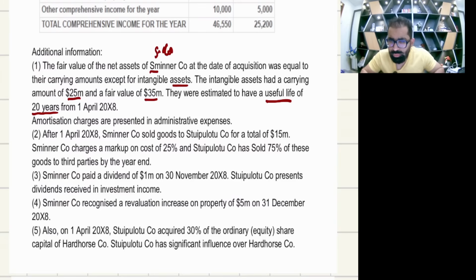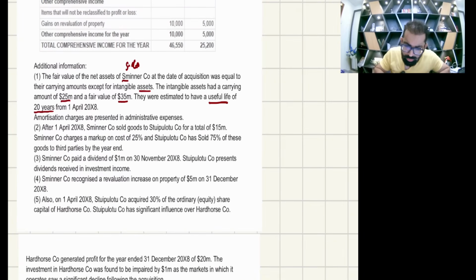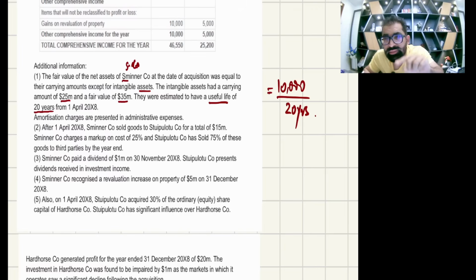Okay, now how to calculate it? Very simple. It's going to be 10 million fair value adjustment. 10 million means 10,000 divided by the life, which is 20 years. See, open your eyes, 20 years means per annum. So per annum depreciation is, I think, 500.